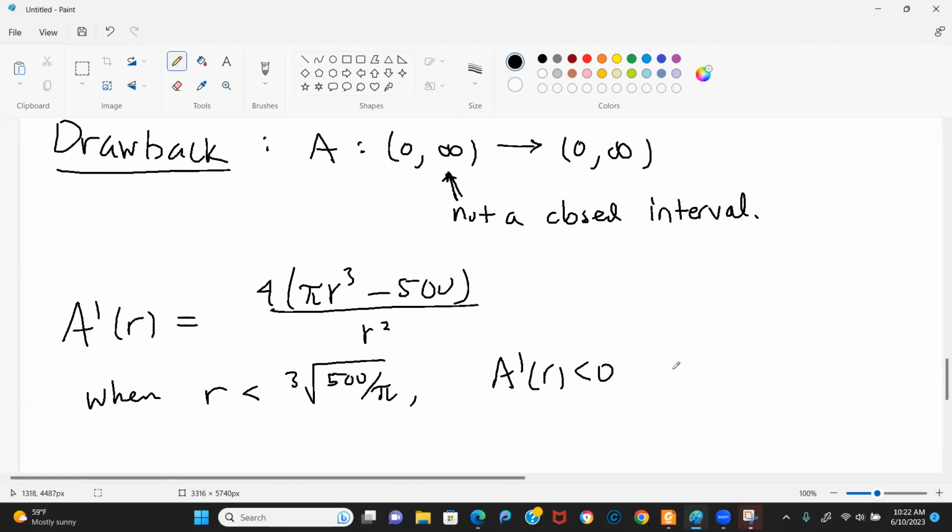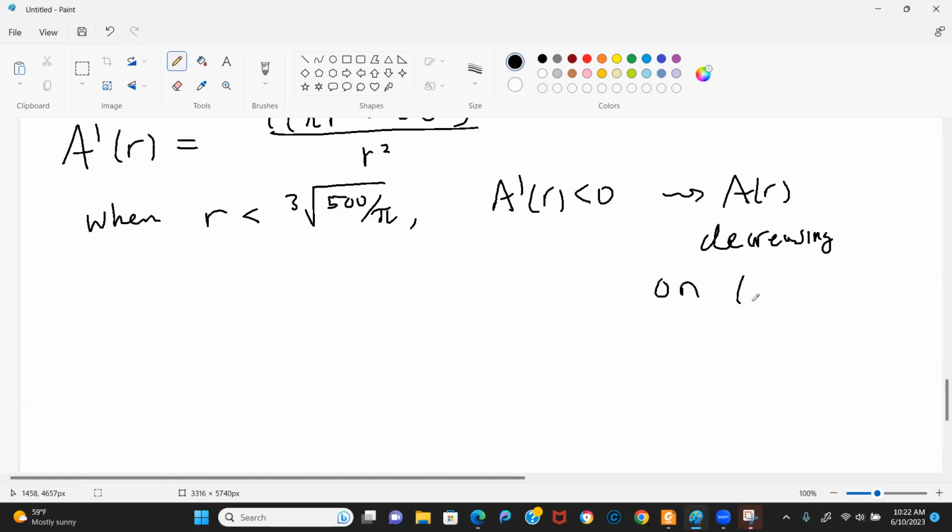So that means A of r is decreasing on 0 to this critical point right here. So it's constantly decreasing.